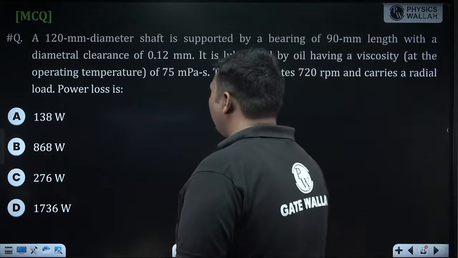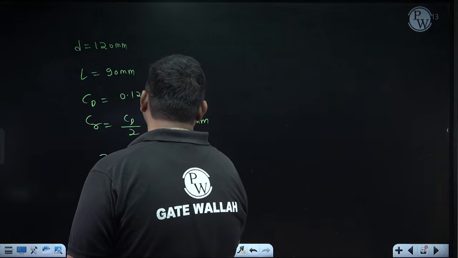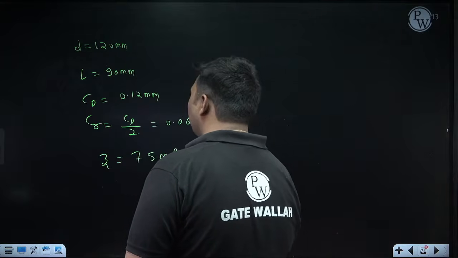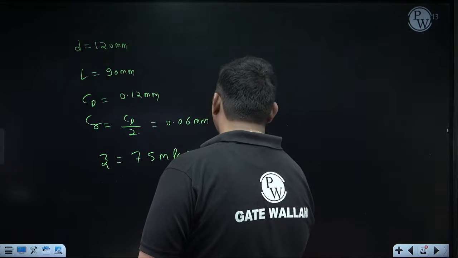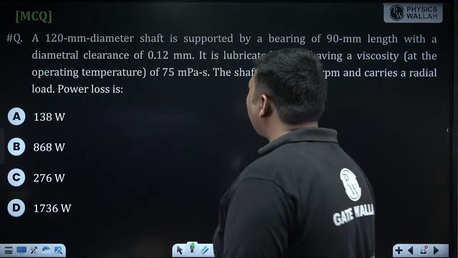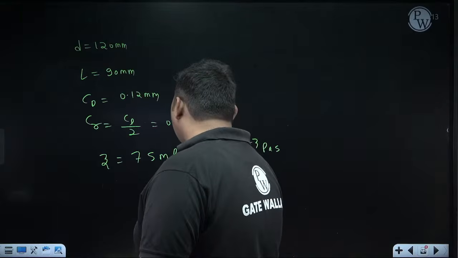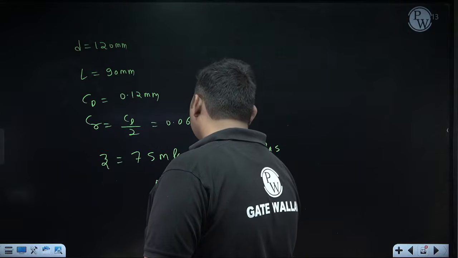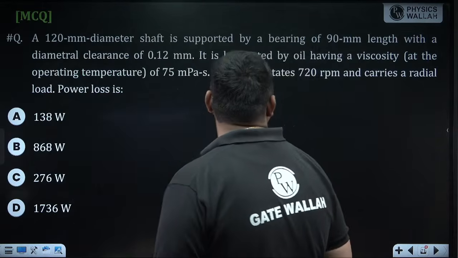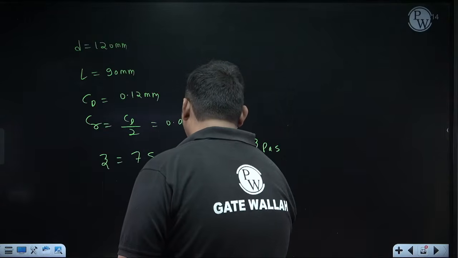Viscosity Z is given as 75 millipascal second. If you convert this to pascal second, 1 milli is 10 to the minus 3, so it will be 75 into 10 to the minus 3 pascal second. Speed of the shaft is given in RPM, that is capital N, it is 720 RPM. It is carrying a radial load. Then we are asked what is the power loss.